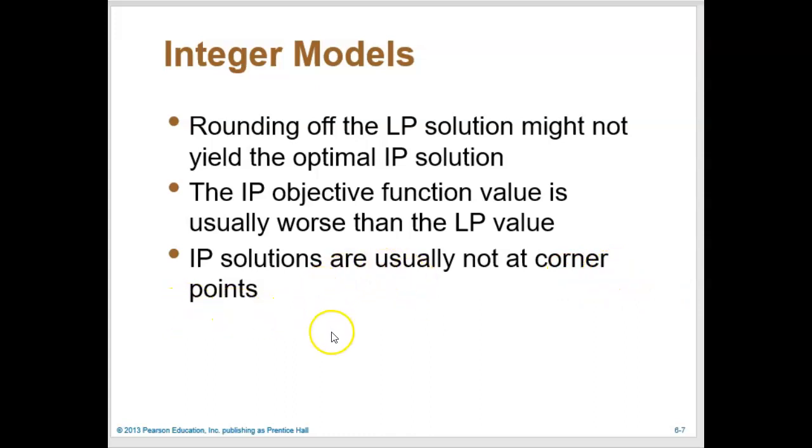It could also be a point inside the feasible region, which is not a corner. That's something to keep in mind as a difference between an LP model and an IP model. So just to summarize, the basic framework remains the same. The only difference is that the IP model is more restrictive than the LP model because it only allows the solution to have whole number values.